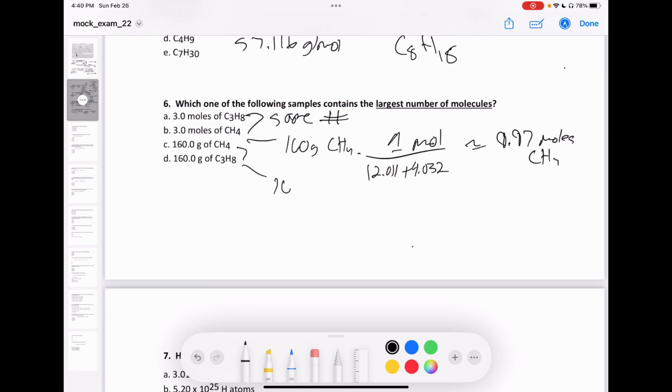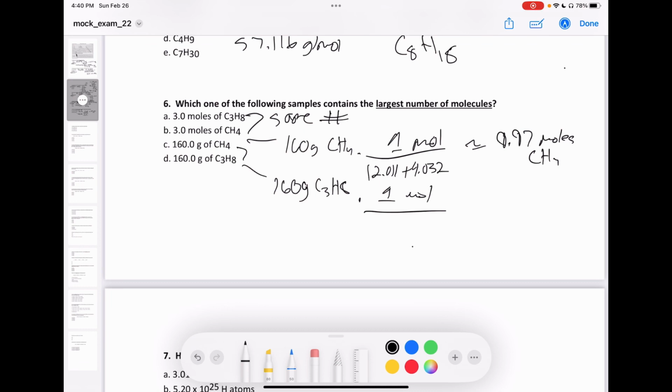Then answer choice D: 160 grams of C3H8 times 1 mole. When you're going from grams to moles, you just divide by the molar mass of that compound.